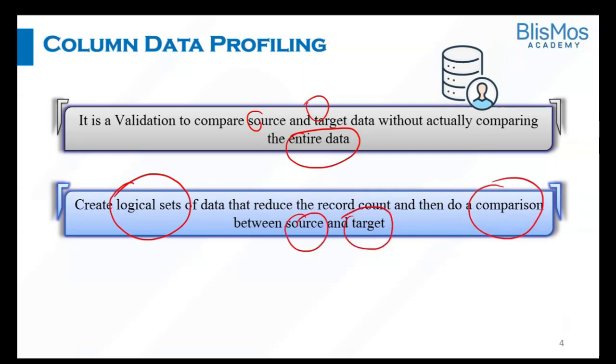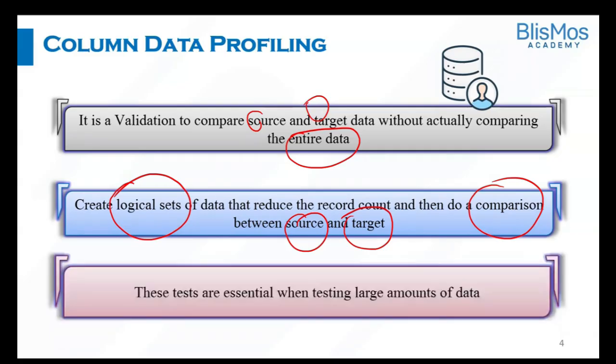Then the question would be, why do we really need to do only the comparison of the subgroups or logical sets? That is because when you are trying to understand the data as a whole, you would potentially have billions of records. So you will not be able to go and check each and every record. That is where through column data profiling, we will understand the pattern, we'll get to know the quality of the data.